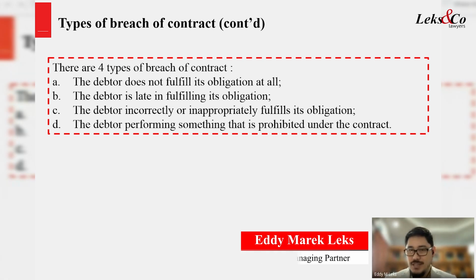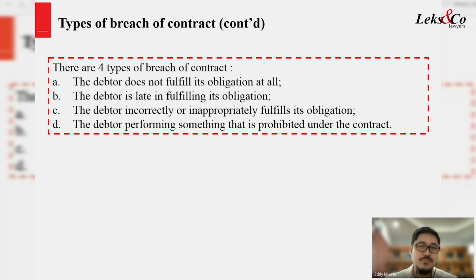This aspect is not easy. If you are going with A, the debtor does not fulfill its obligation at all, it's very simple: when you have to do this, you don't do it, you are breaching the contract. And B is also quite simple. When you should be doing it on the 10th day of the month, but you only do it on the 12th, it's breaching the contract.